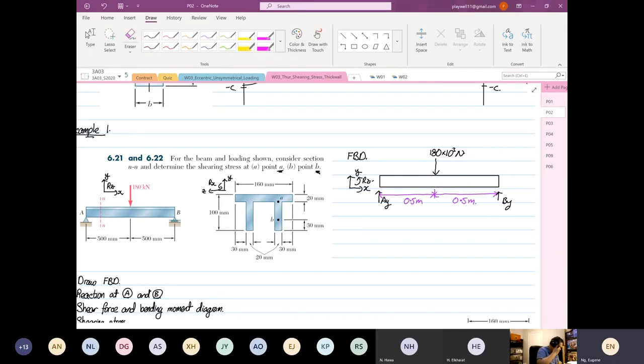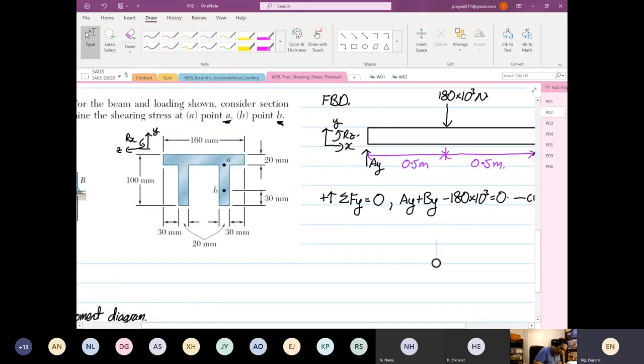So when that's the case, we can go for static analysis. Summation of forces in the y direction will be equal to 0. Then you will have AY plus BY minus 180 times 10 to the power 3, the whole thing is equal to 0. So this will be your equation number 1.